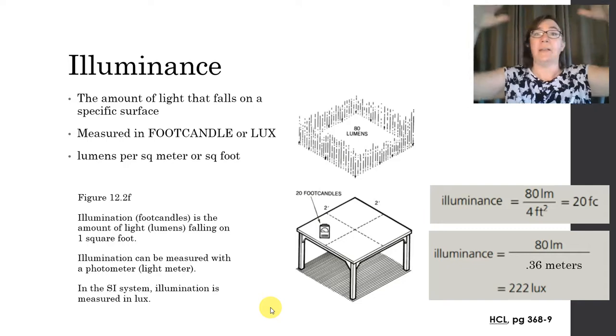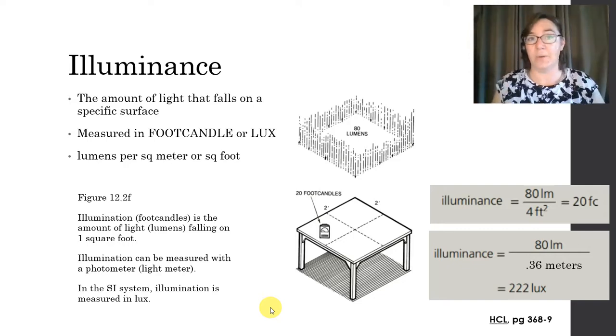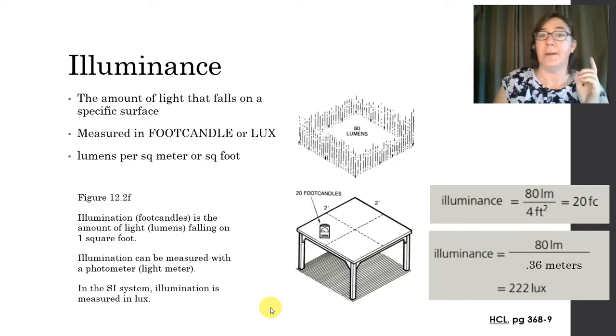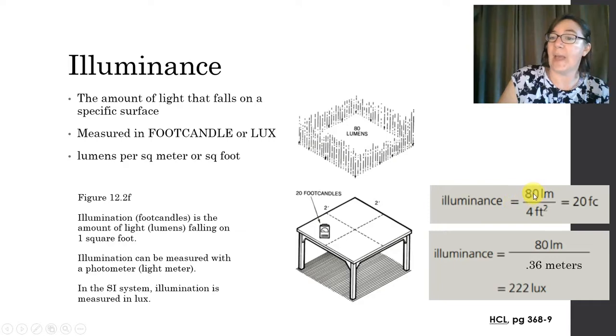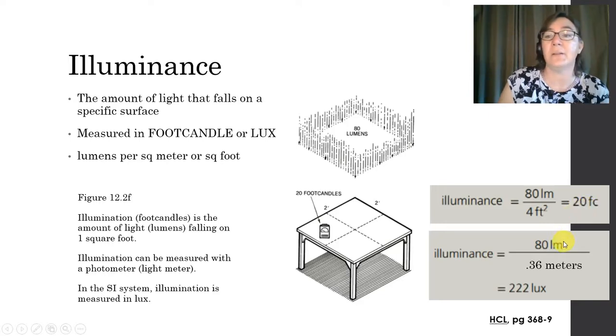Think about this as perhaps it's raining down, and we want to know how much of that light arrives at our task surface. So we can divide the lumens per the square feet and end up with 20 foot candles, or the lumens divided by the square meters. Looks like I need a little square there, and it's 222 lux.